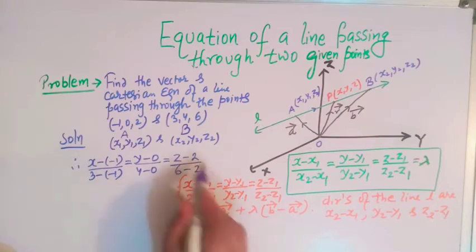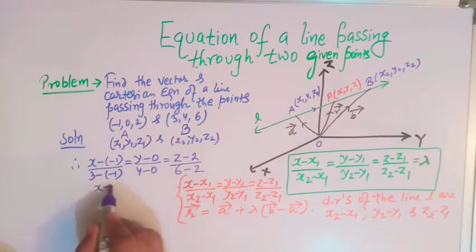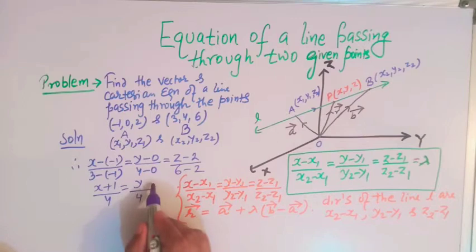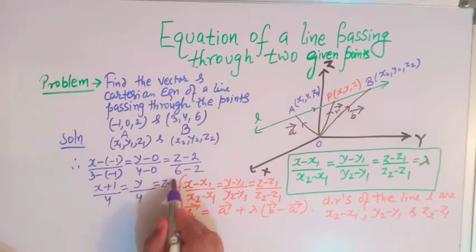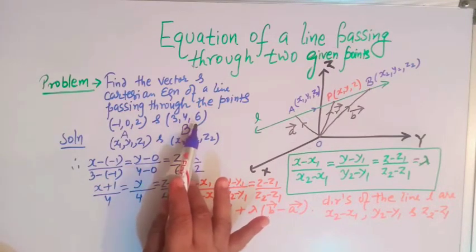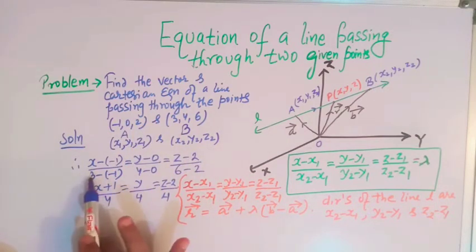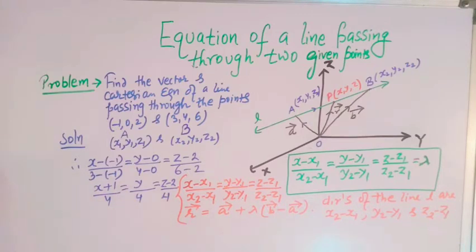So if we simplify this equation, then we have x plus 1 divided by 3 plus 1, that is 4, y divided by 4, and z minus 2 divided by 4, right? Here we have 6 minus 2 as 4. So this is the Cartesian equation of the line.